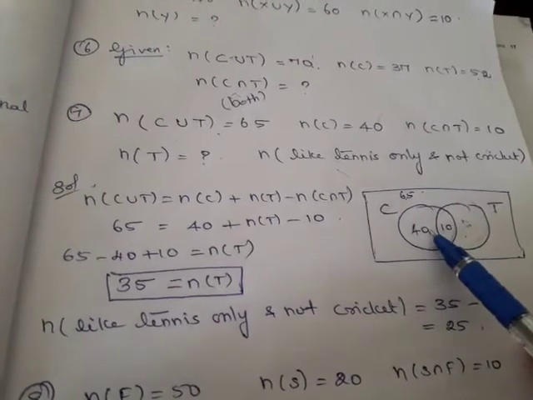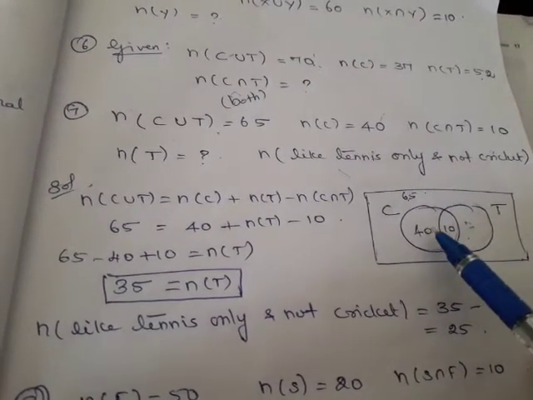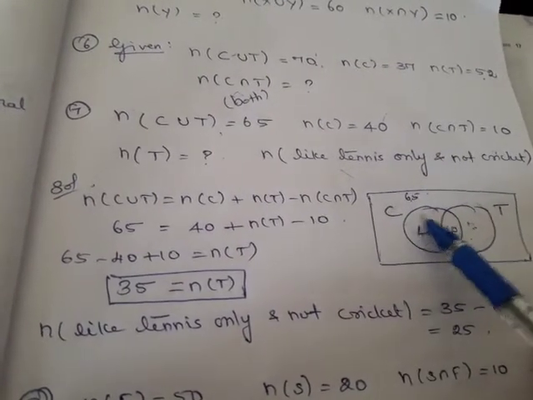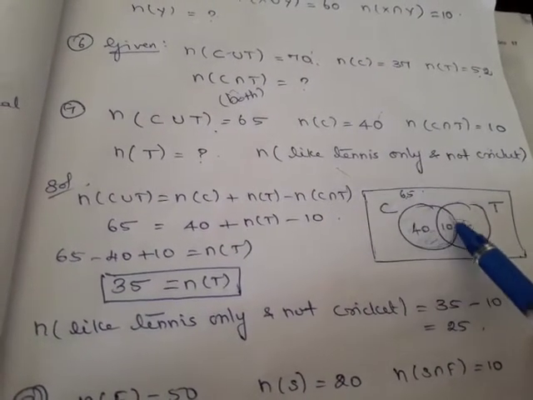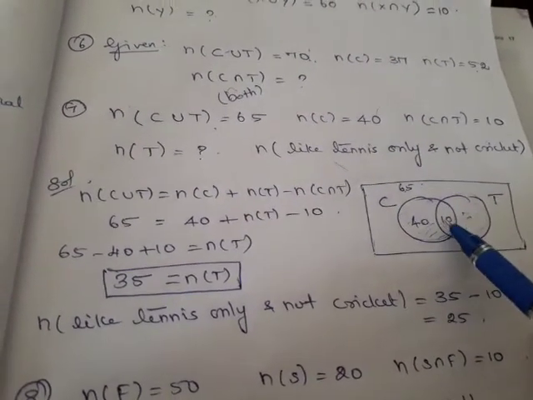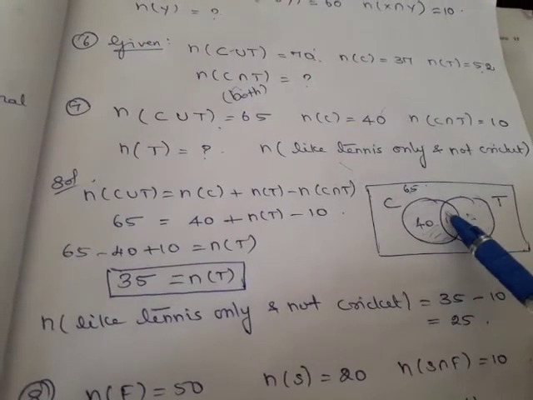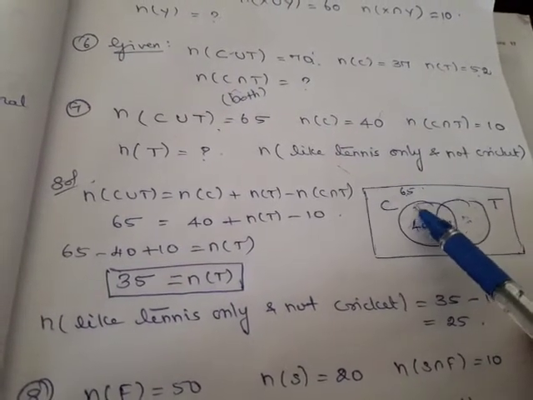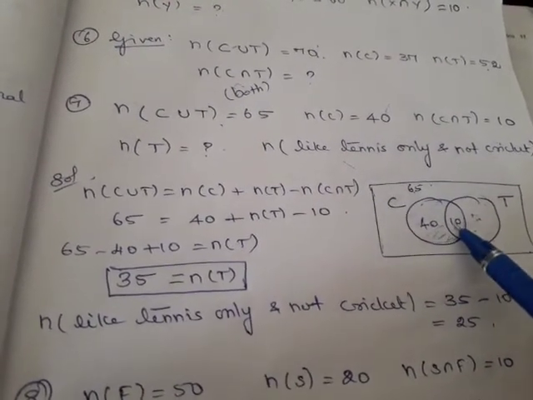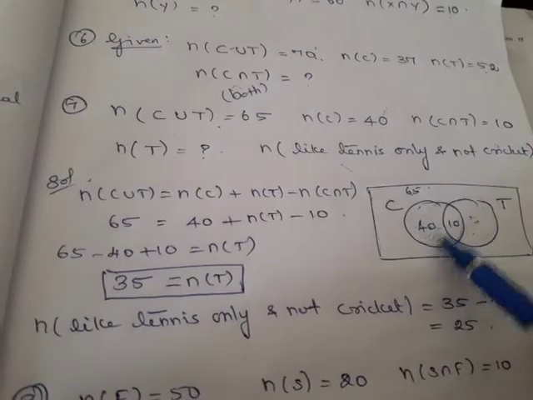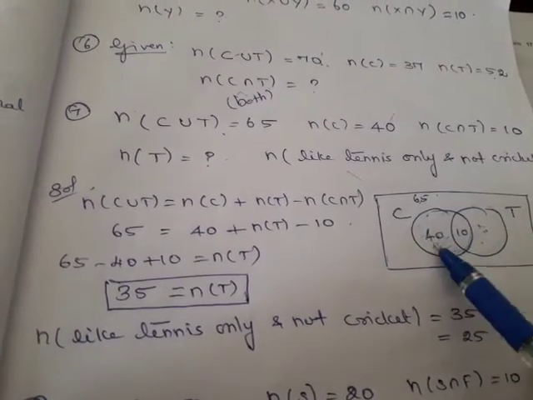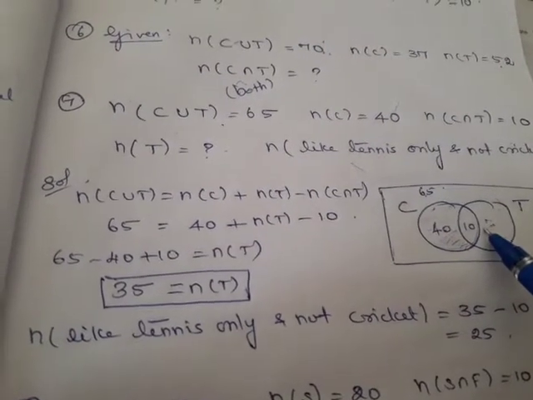But this 40 overlaps with this 10, because this 40 doesn't denote only this region; it denotes the entire C, and this 10 is also part of it. So first subtract this 10 from 40, then you will know this region. Then from the entire group, if you subtract this, you will know what T is.